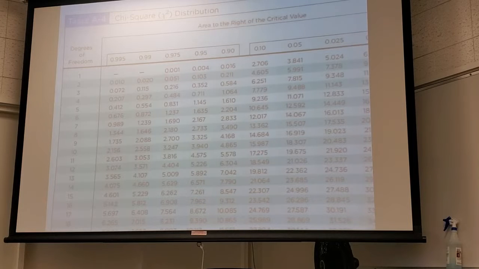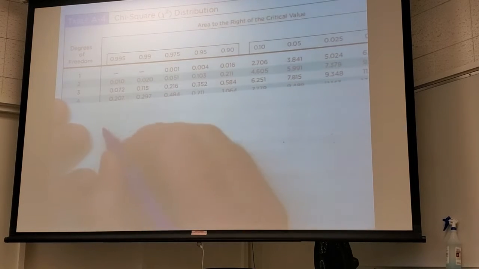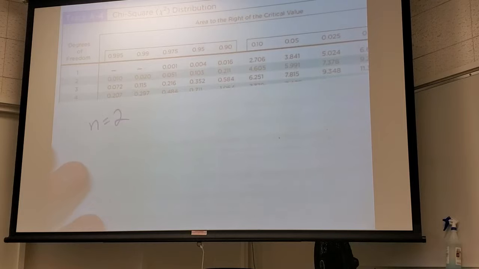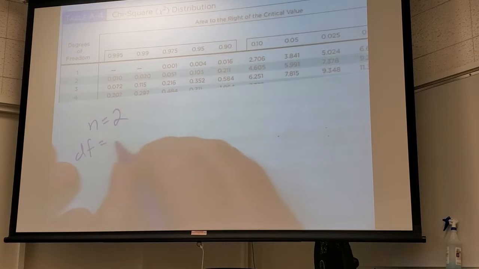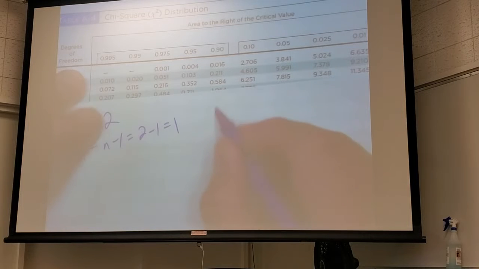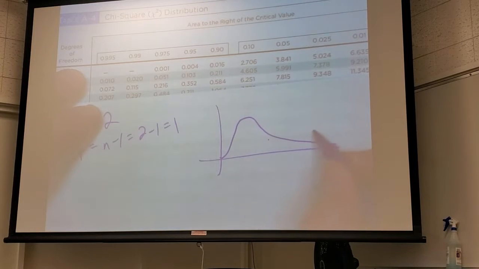So, for example, let's say I have a sample of size 2. Let's start with something. And we're doing a situation where the degrees of freedom is exactly what you would expect. All right, and let's say that I want there to be 0.05 to the right.